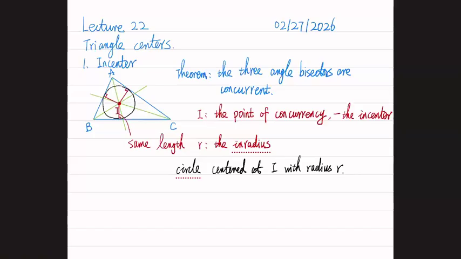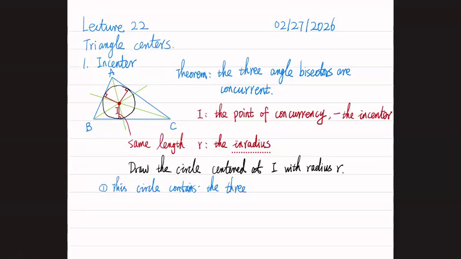Moreover, by the converse of the tangent line theorem, we call these three points the perpendicular feet.